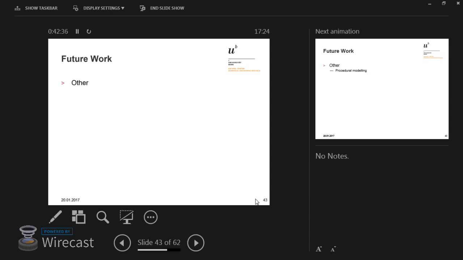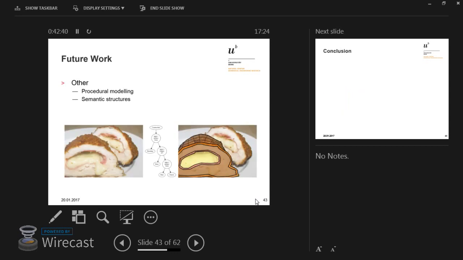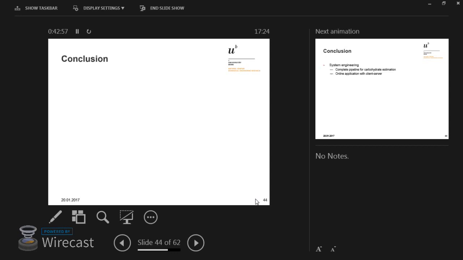Finally, there are some other more minor things like procedural modeling and the semantic structures that I mentioned earlier. But I think that's the main idea, that there are some ways to go, but it's not the low-level processing. It's the more advanced, at the same time more fundamental, but also more applied.